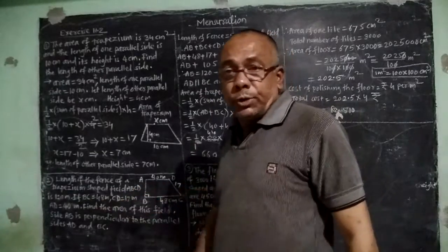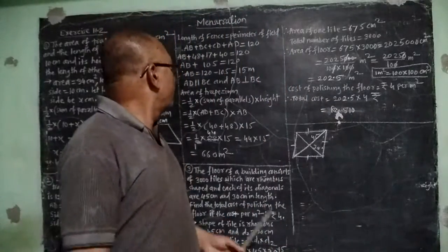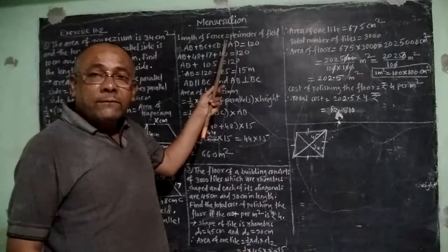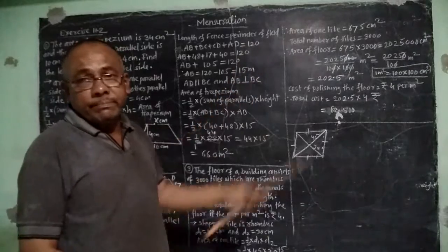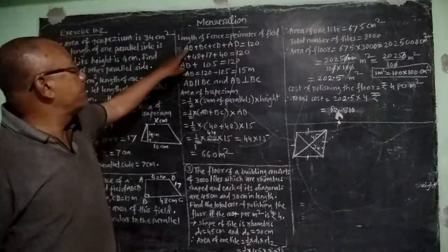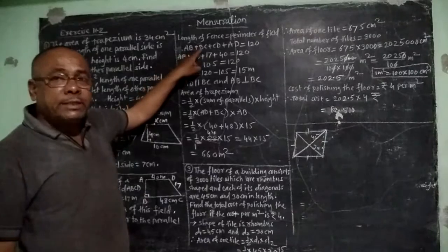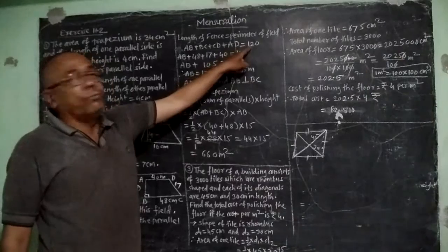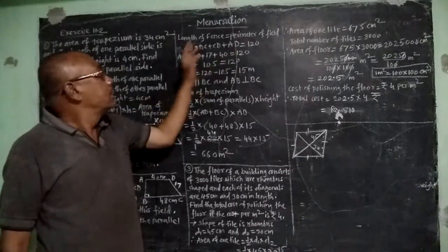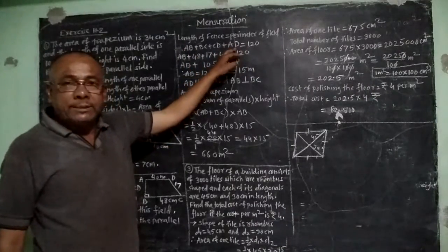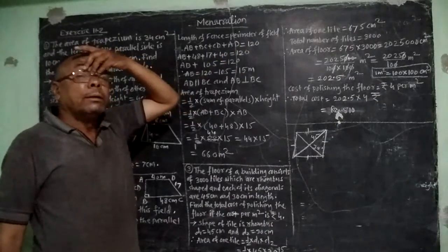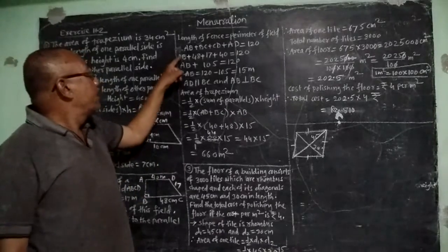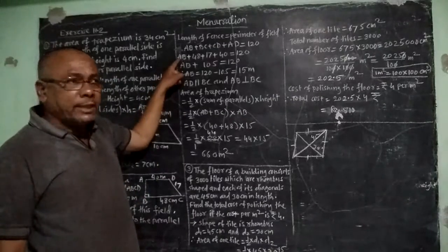and that is 120 meter. So here we will write length of the fence is equal to perimeter of the trapezium, and perimeter of trapezium, that is AB plus BC plus CD plus AD, is equal to 120. Means the sum of all the sides of the trapezium is 120. Now substituting the values of the corresponding sides, AB is not known, so write as it is.